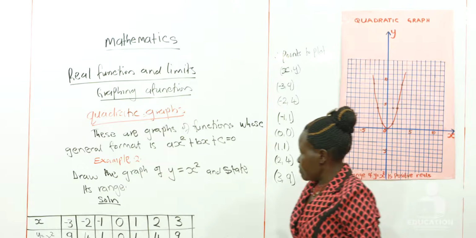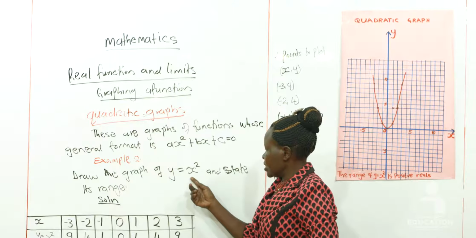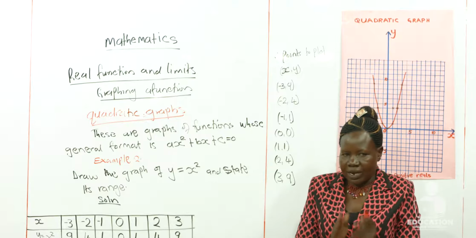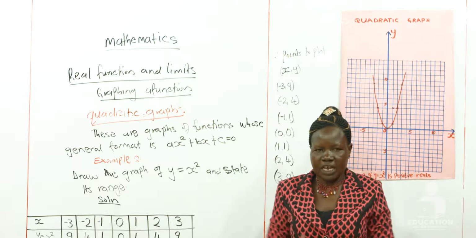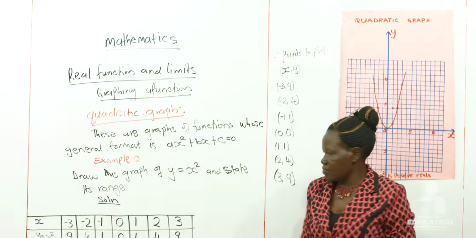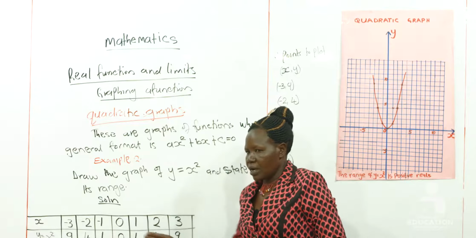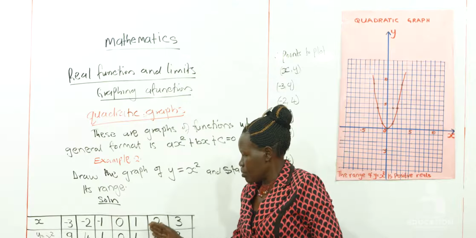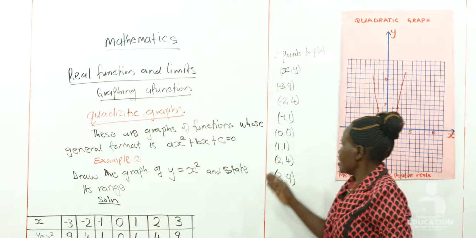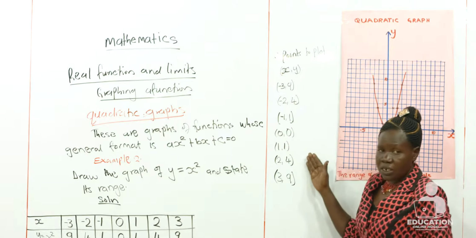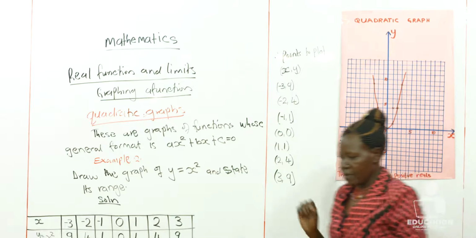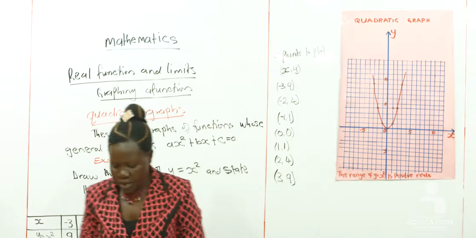In the case it is like this, you'll know that if this is quadratic, it is going to affect both sides of the axis, positive and negative. Therefore, you will get your table of values. After the table of values, identify the points to plot, and then plot your graph, and then join the points using your free hand.